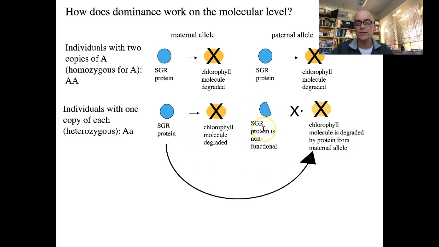The paternal allele just sits there and does nothing, but it's enough for the maternal allele to be functional, and so therefore the maternal allele is dominant, right? So we see a dominant effect because whatever you look at in the seed, you will see the effect that the gene from the maternal chromosome has. That's what, molecularly speaking, dominance is in this case.